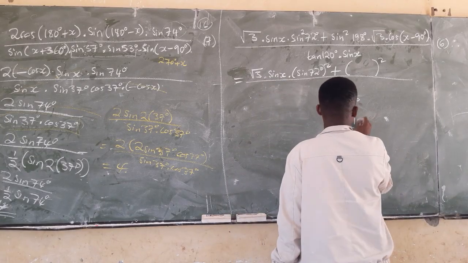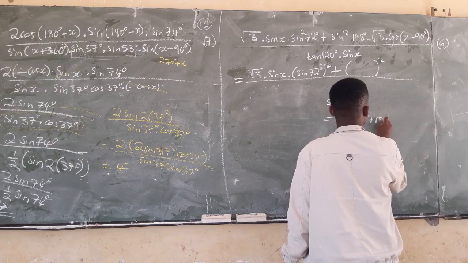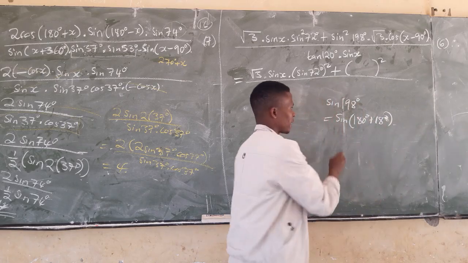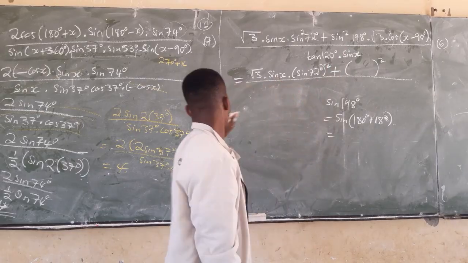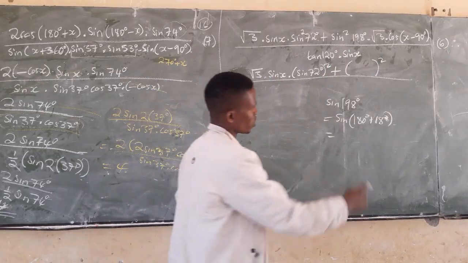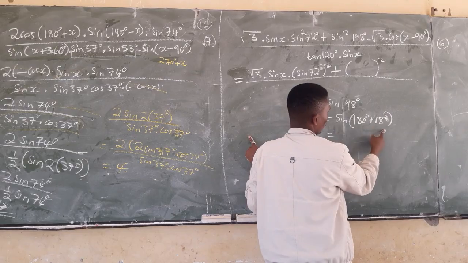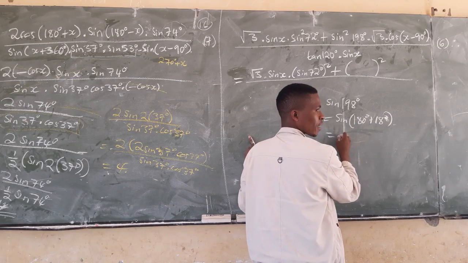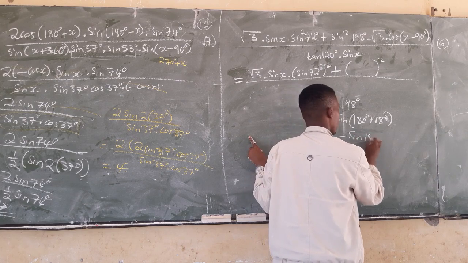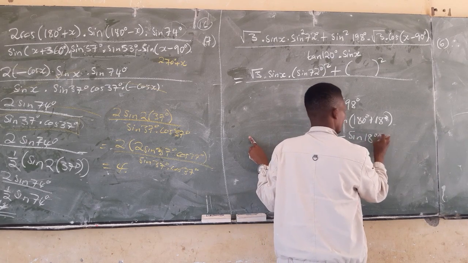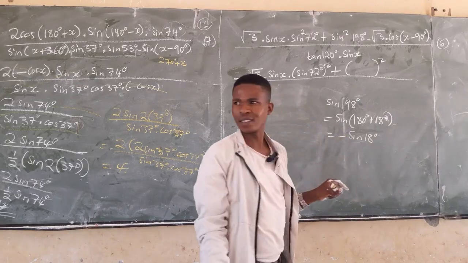Yeah, 180 degrees plus 18 degrees. Can you see that? So now, 198 is in which quadrant? The third quadrant. So that's why we say 180 plus. So what is the answer here? Negative sine 18. Yes.